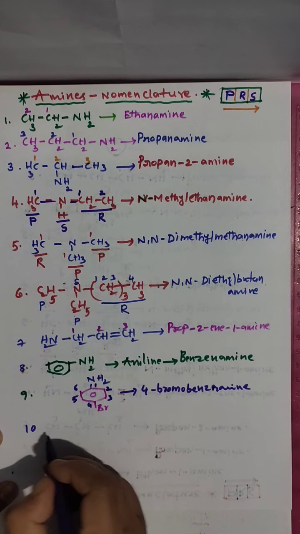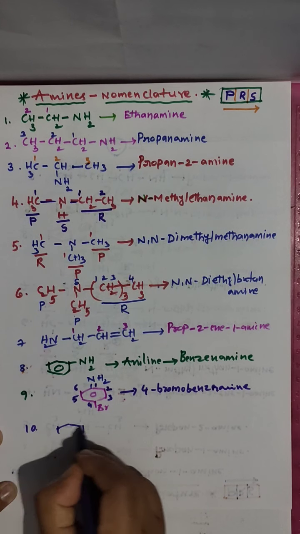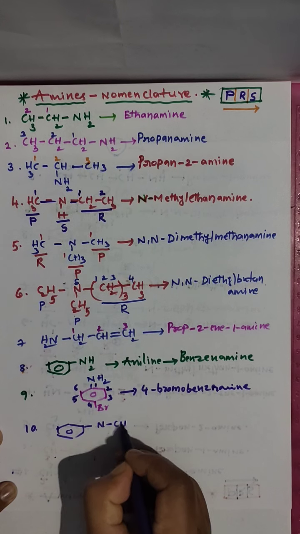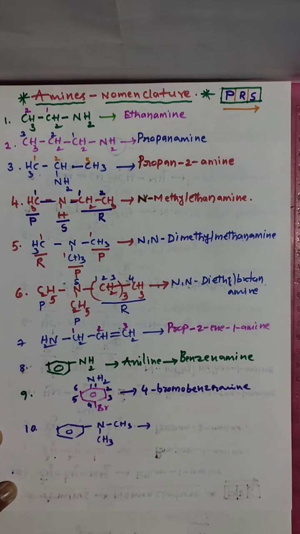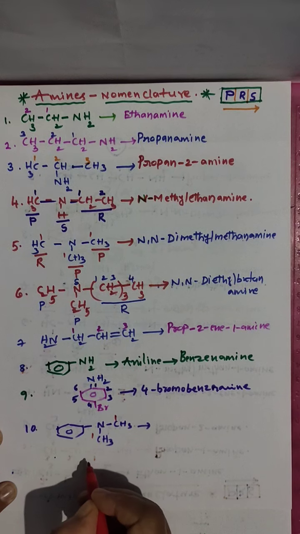Next, go for another one. This time I am taking another benzene ring which is substituted with CH3, CH3. Clear? So here one carbon and here also one carbon.